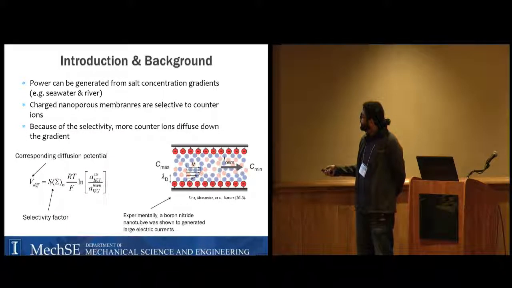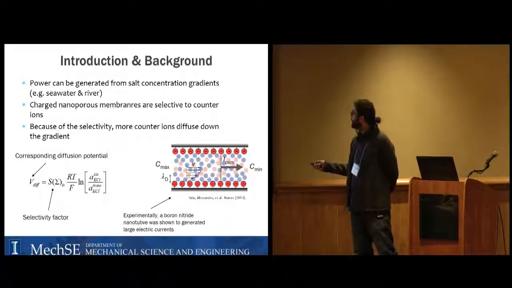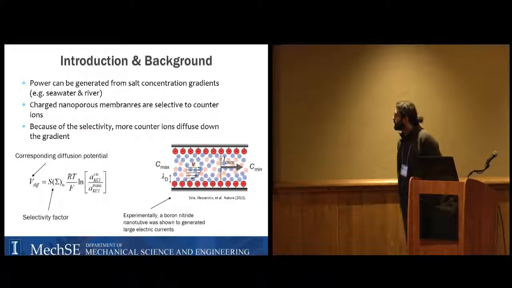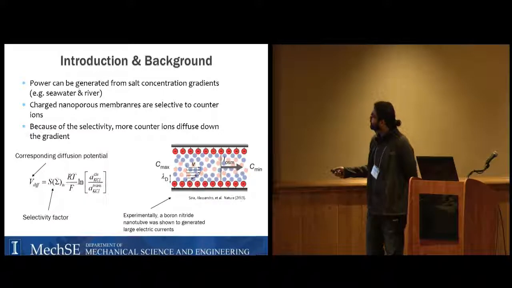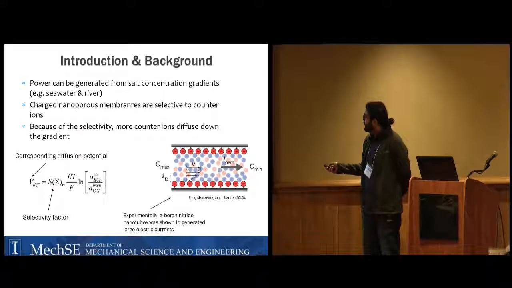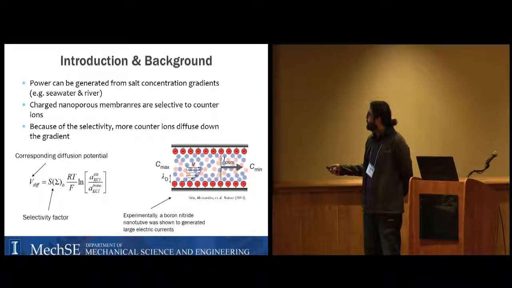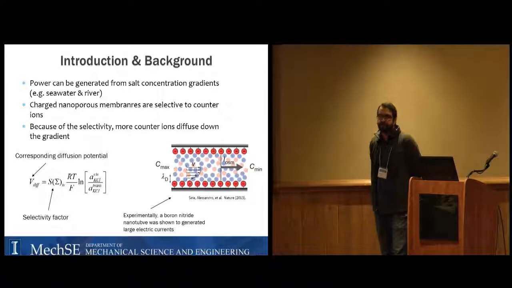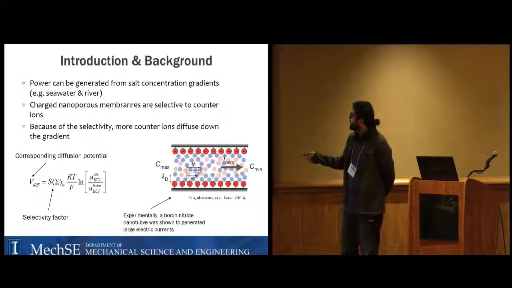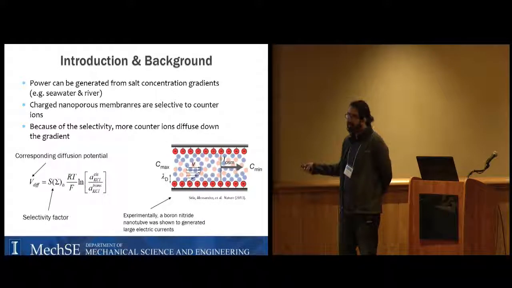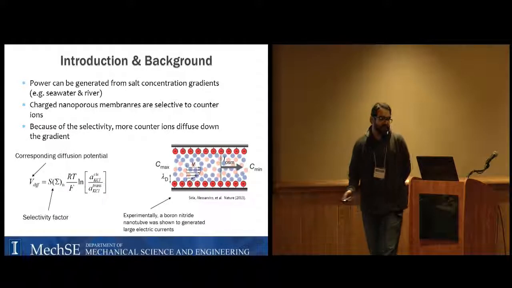Previously, in his paper in 2013, Siria showed that if we use a boron nitride nanotube, which was on the order of microns, because it's negatively charged on the surface, depending on the pH in the system, we can generate electricity.